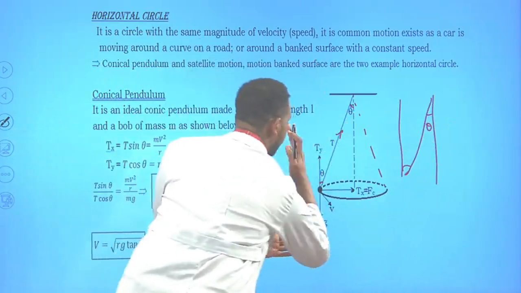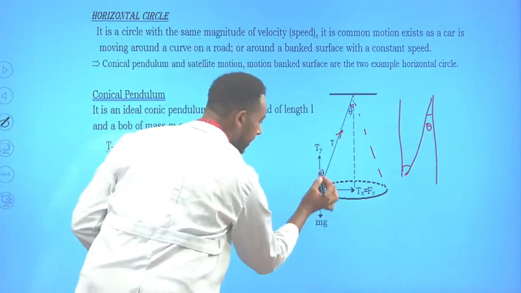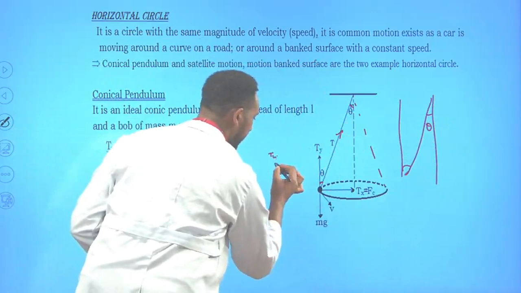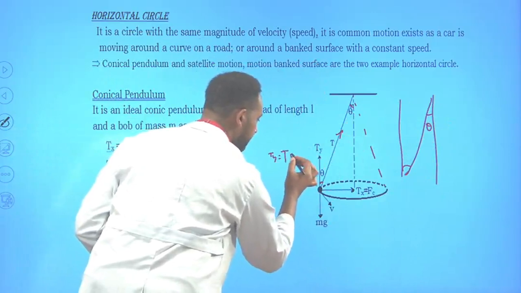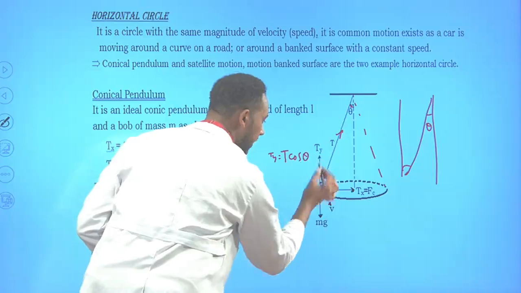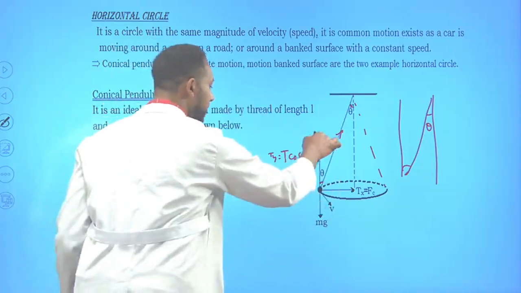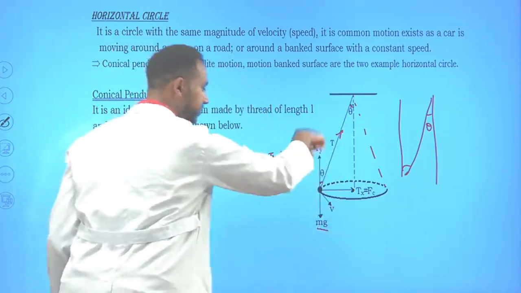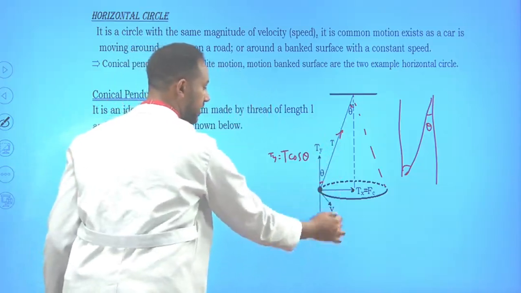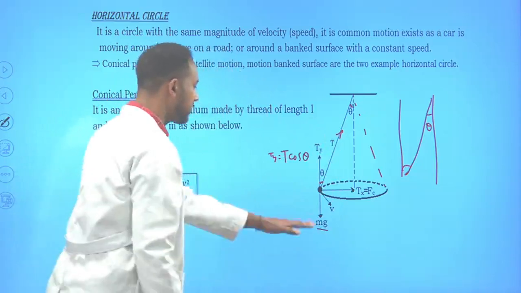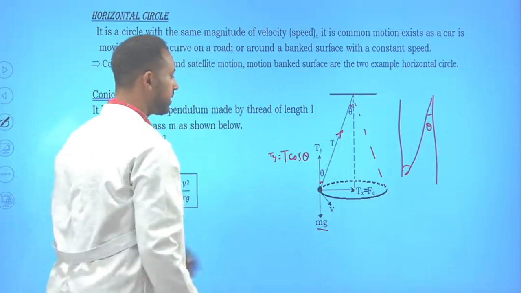So the tension has a vertical component. Since the angle is adjacent to this, Ty is T cos theta, the vertical component. And that is balanced by mg. The object attached here has a mass, so the weight mg is equal to T cos theta.